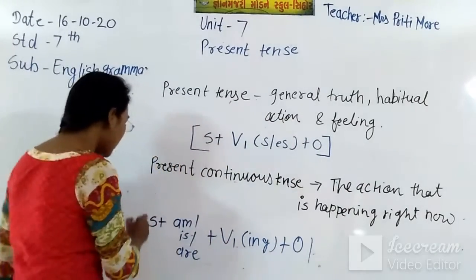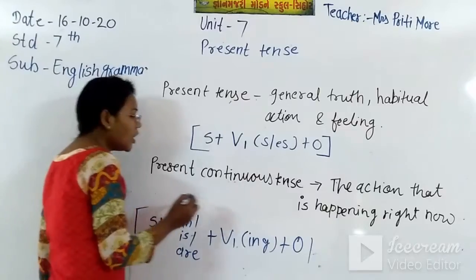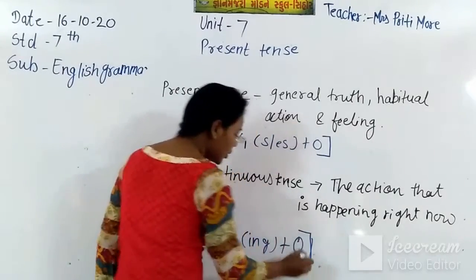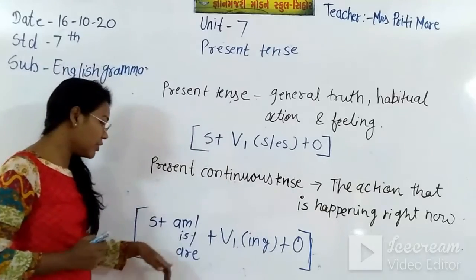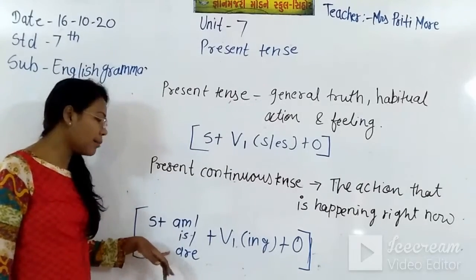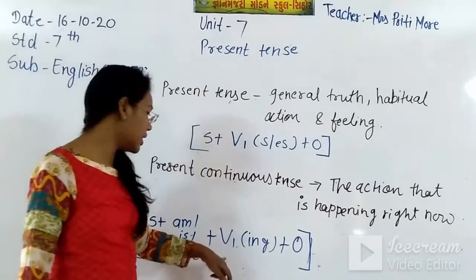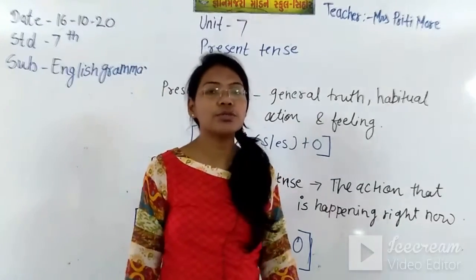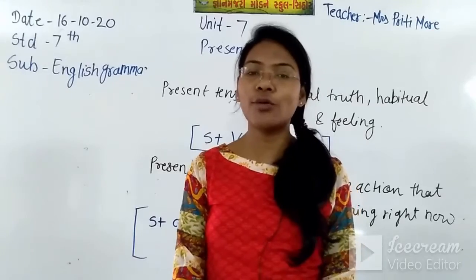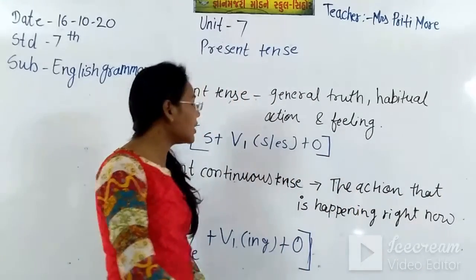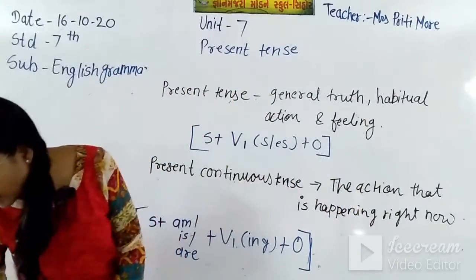Here we use the auxiliary verb am, is, are, and we use V1 ing to show the action is happening and going on.